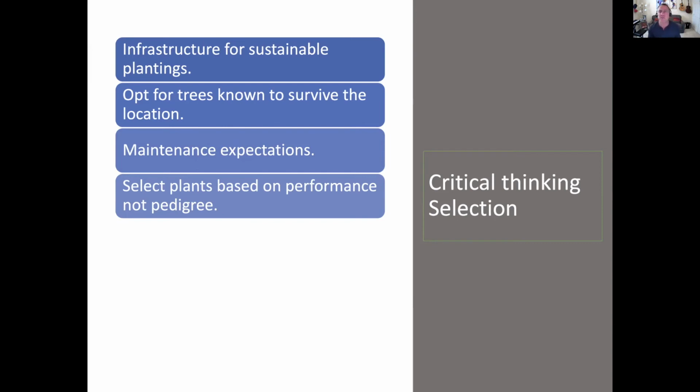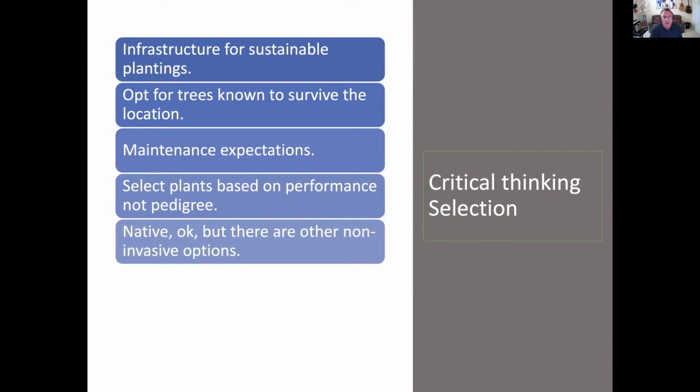So we want to make sure that, yeah, we want certain fall color, flowers and things like that, but good, sustainable, healthy performance on that site and longevity is of much more critical importance as far as functional roles on that site as well.